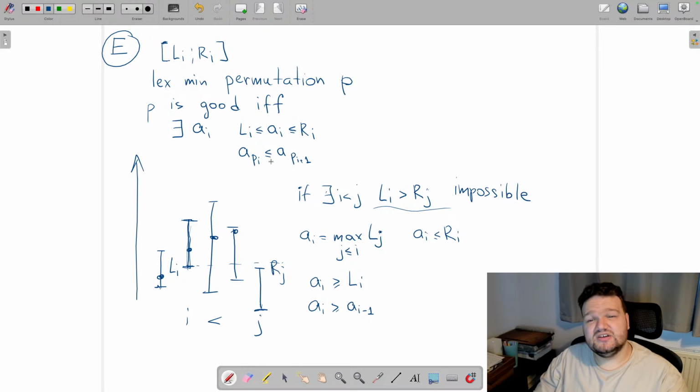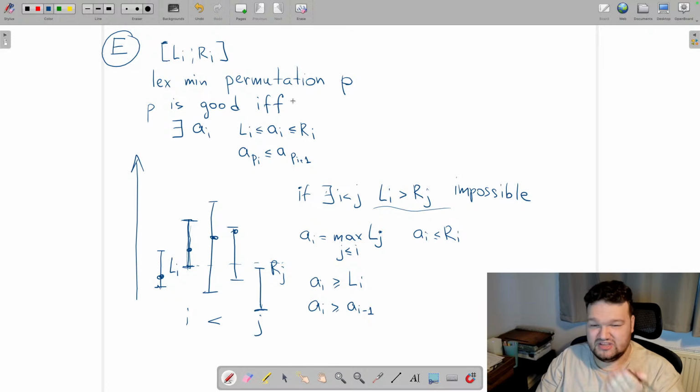So we want to reorder the segments such that this holds true, and we want our permutation to be lexicographically minimal. When we want to build a lexicographically minimal answer, it means that it must be done greedily.